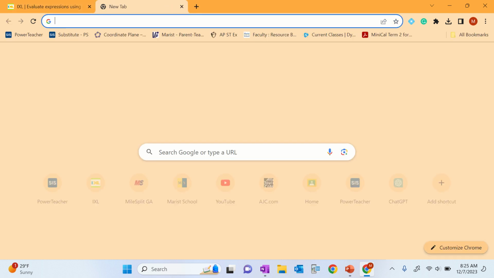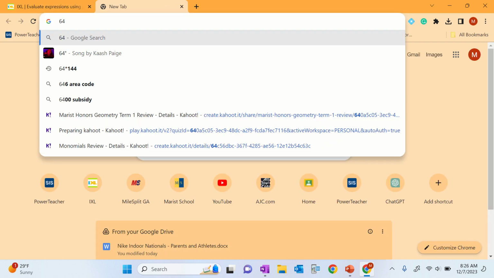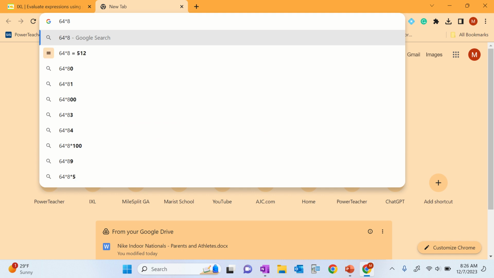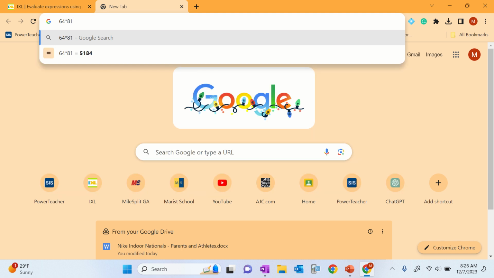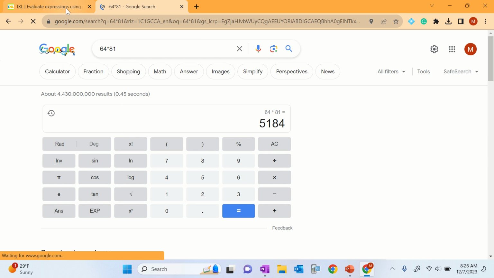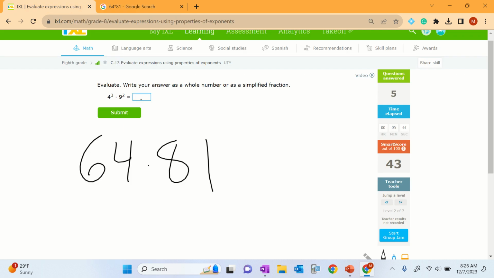So I'm going to say 64 multiplied by 81 equals 5,184. Try to do this mentally or write it out if you can, but big numbers like that, just save yourself some time and use the calculator function. Don't overuse it, right? Challenge yourself to not use a calculator, but big numbers like that, feel free.